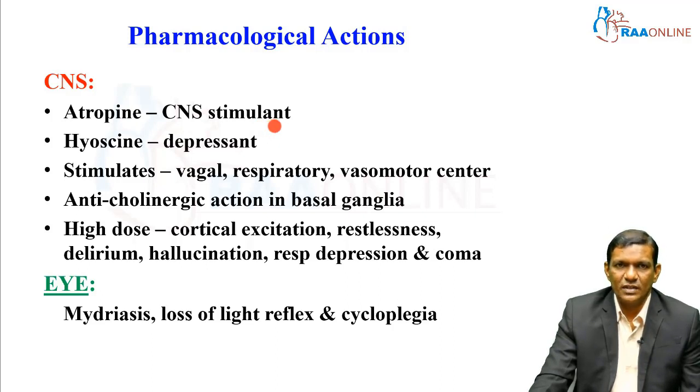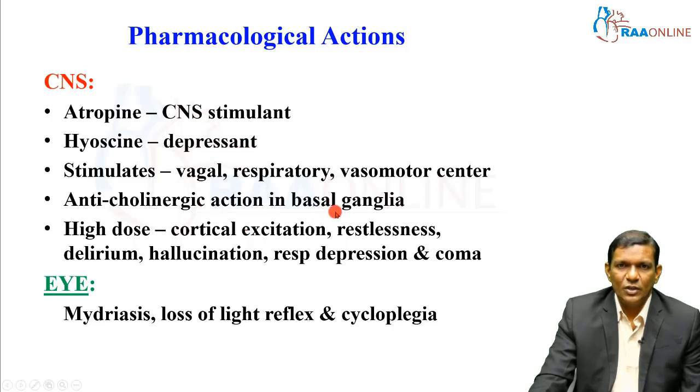But hyoscine produces a depressant effect on the central nervous system, whether at low doses or even at high doses. Atropine also stimulates the vagal center, respiratory center and vasomotor center in the brain, and hyoscine only has a CNS depressant effect, at low doses or high doses, as I told you.